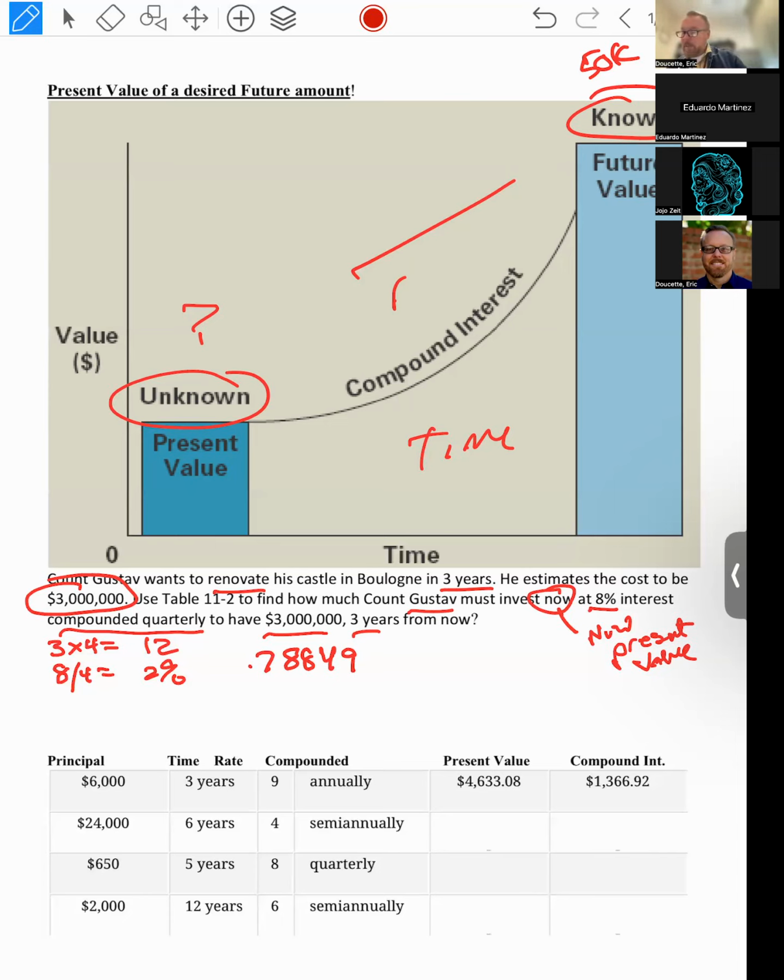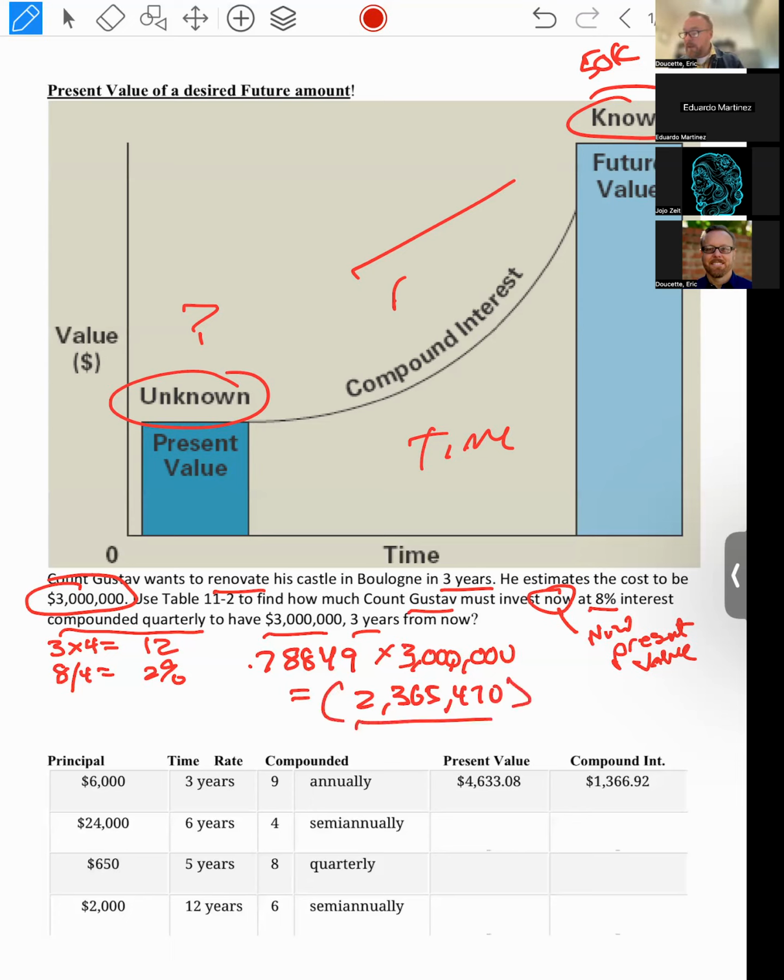And so I'm going to multiply my principal amount, or my amount that I'm hoping to have in the future, 3 million, by that factor. So 3 million times 0.78849 equals $2,365,470. So I need to invest that today.